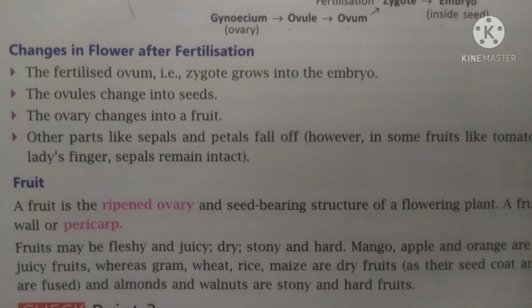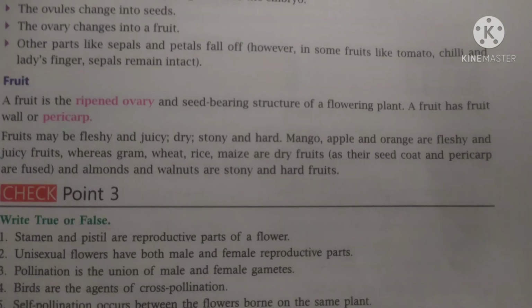The ovule present in the ovary will change into seed, and the ovary changes to fruit, and other parts such as sepals and petals will wither off and fall off. However, in some fruits you might have noticed that parts like sepal and petal still remain intact, such as in tomato, chili and ladyfinger.